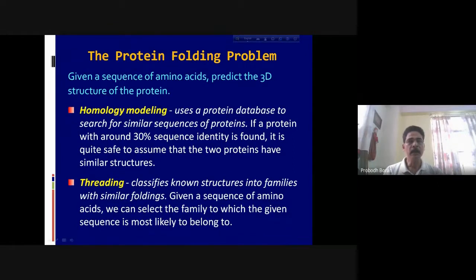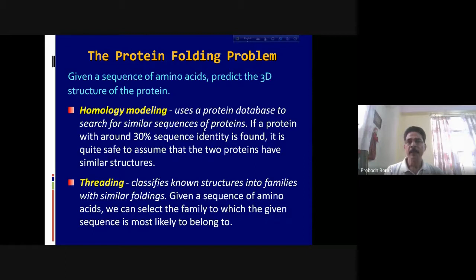So in homology modeling, we first go for determining the similarity between sequences by doing sequence alignment between the two amino acid sequences of the proteins. Suppose we are to do homology modeling between two proteins based on their primary sequences, then first of all we will go for finding out the sequence similarity.